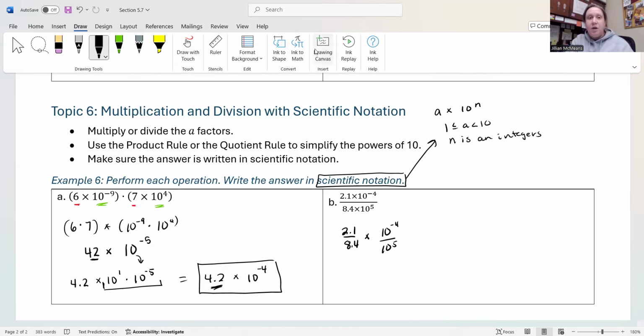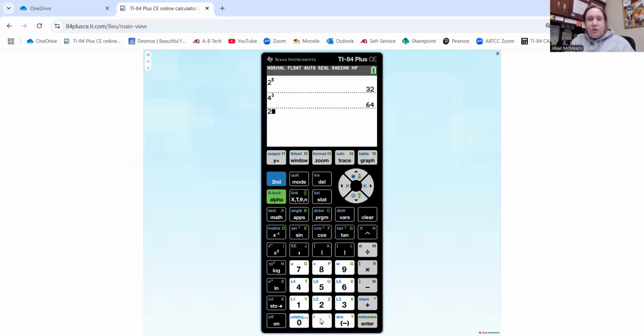But if you're struggling, you can go to the calculator. 2.1 divided by 8.4, and you get your 0.25. If you didn't see that, that's okay. It's not a big deal. You can use your calculator. Either way, you're going to get 0.25.